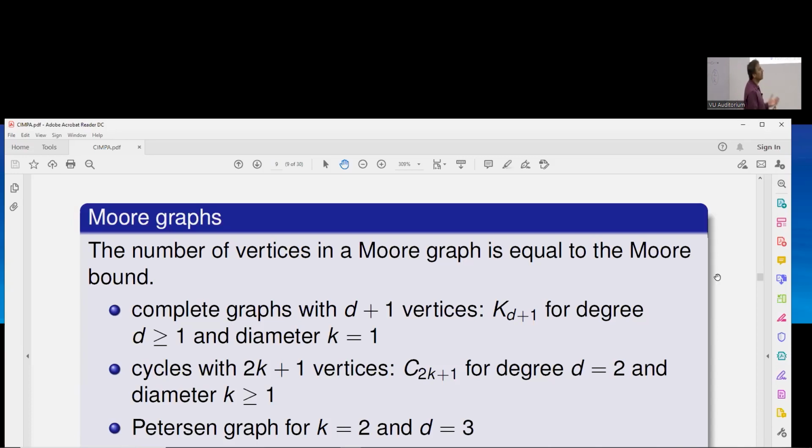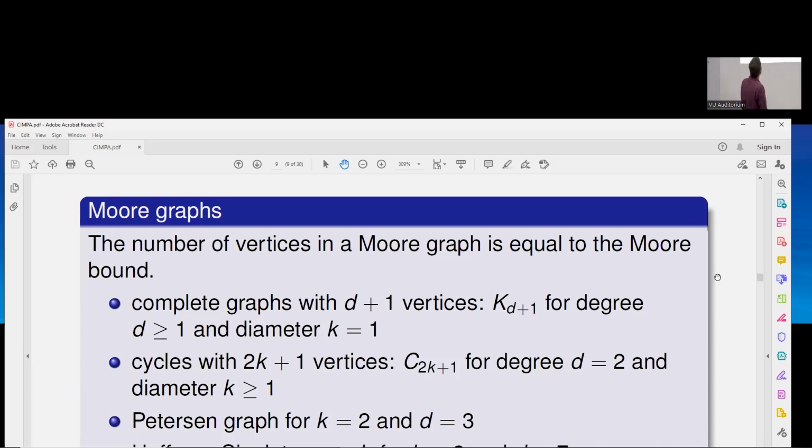Let's just mention those few cases where we can construct a graph reaching this bound, which was presented on the previous page. Moore graphs are very rare, and we can stay here for maybe the next 10 minutes. The number of vertices in a Moore graph is equal to the Moore bound, therefore it's called a Moore graph. So which are these graphs?